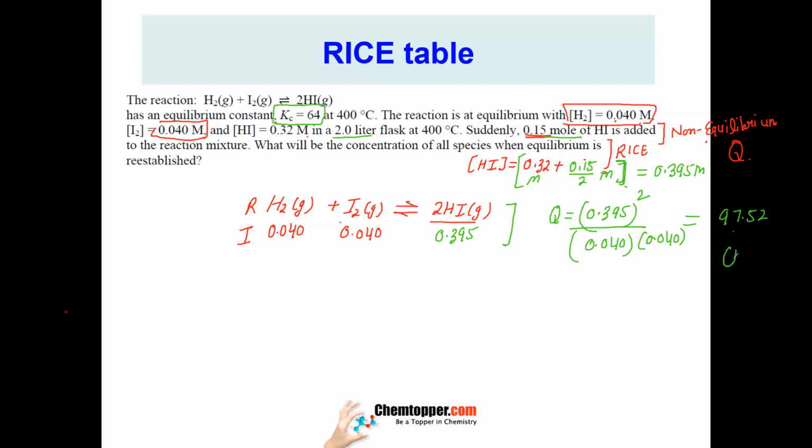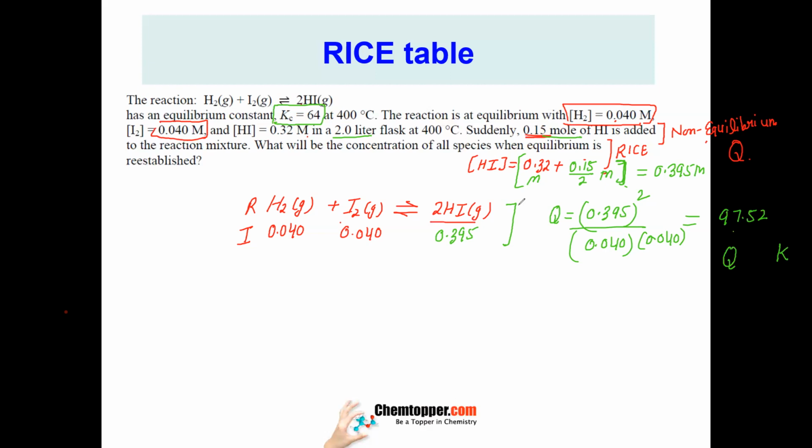Compare Q and K. Which one is more? Yes, Lisa, which one is more? K or Q? Anzara, Afan, Azuni, which one is more?